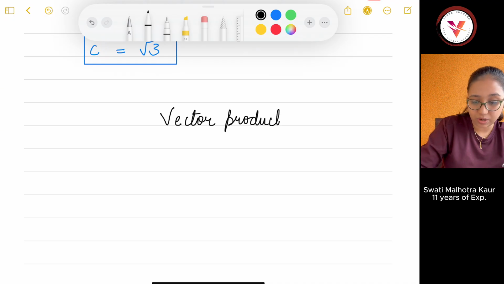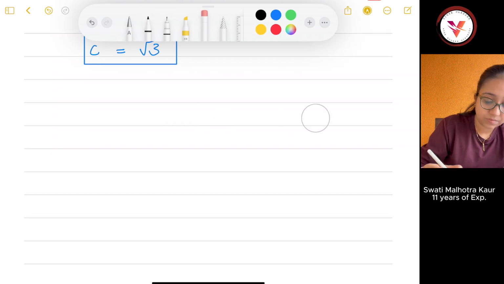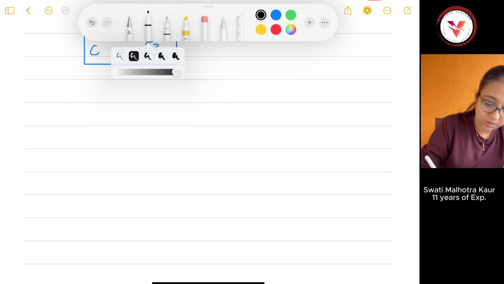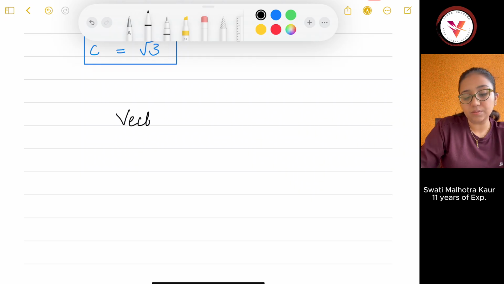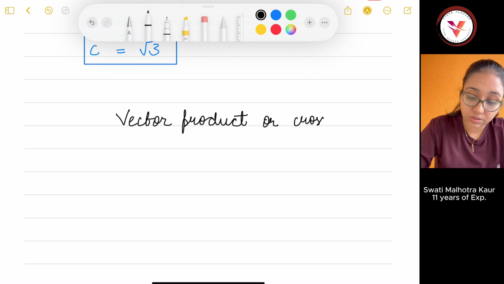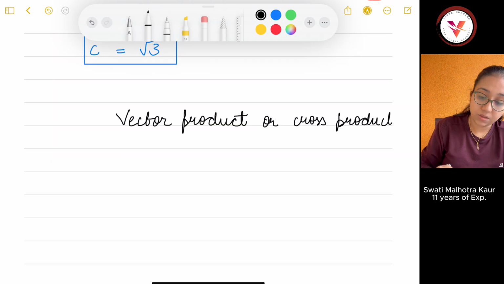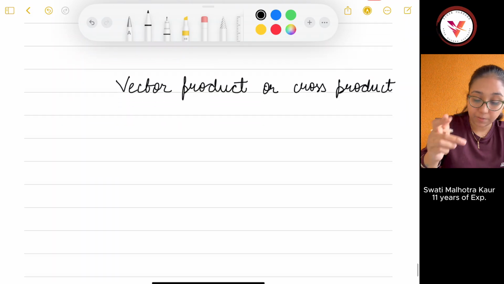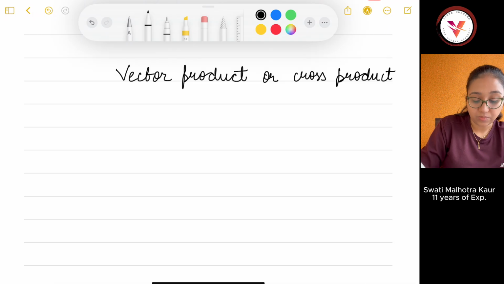Okay, so now what is vector product? Vector product or cross product. Cross is because of the symbol. Okay, so let's take first. The thing is, in this, it is like two vectors.